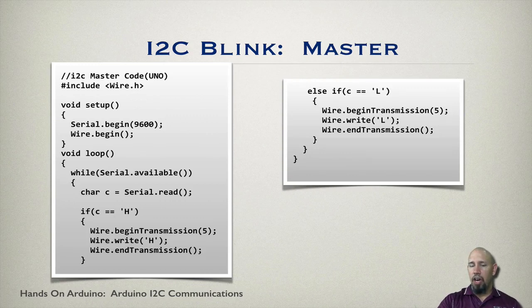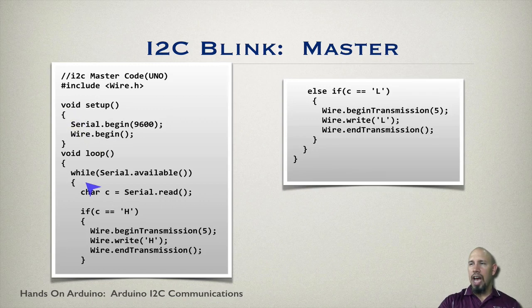In our setup program, we only have two functions. We have Serial.begin, and the reason we have it is because we want to use the serial monitor. Then we have Wire.begin, and notice we don't specify a bit rate. There is a default bit rate, and we're just going to use that. That's all that's in the setup routine.